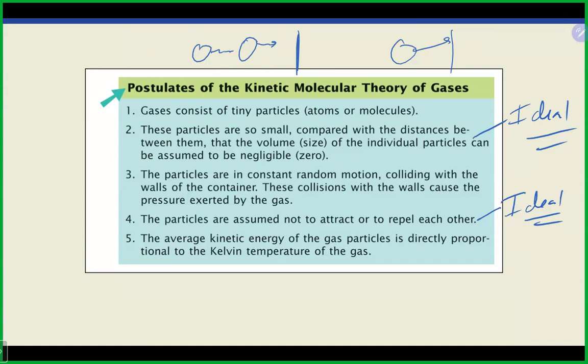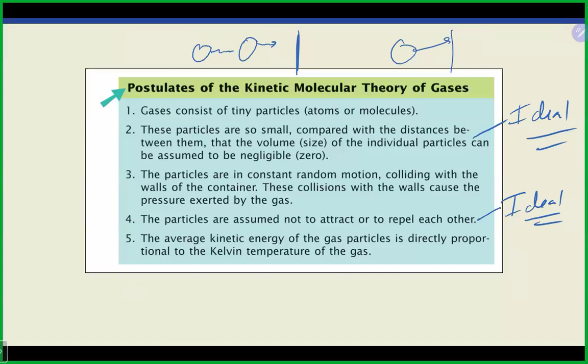It could also do the opposite. It could be repelled, move away faster and cause maybe more collisions. So in a non-ideal situation, when there are attractions and forces happening, you do have to take those into account. As I mentioned earlier, it turns the ideal gas law into a scary looking equation known as the van der Waals equation.